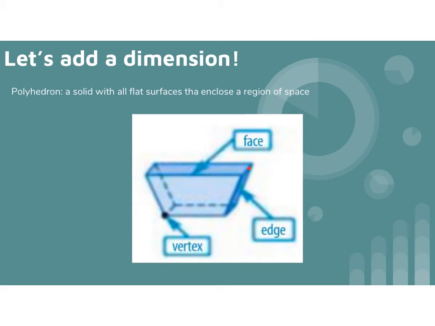The edges are the intersection points of the face, and they make up lines or segments. And the vertex is where two lines or segments intersect, and that is represented by a point. So we can see the similarities between 2 and 3 dimensions. They have different names, but they coincide to similar properties.